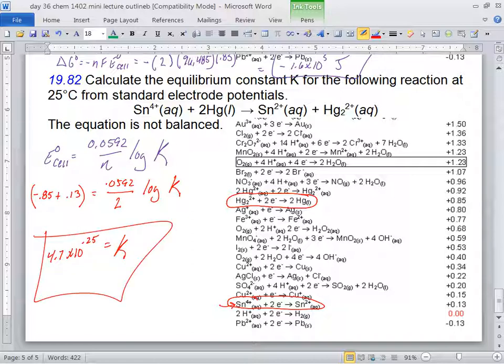Since E0 cell is a big negative number, K should be really small. And it is. And you have to do 10 to the power n, because you're multiplying. Yes, 10 to the x. Raise it 10 to the x. See if you can get that. 4.7 times 10 to the negative 25.